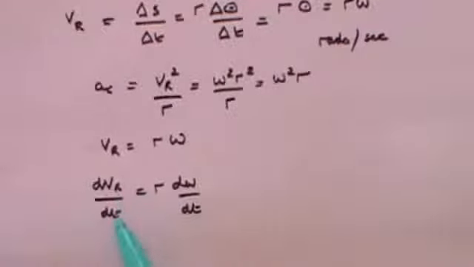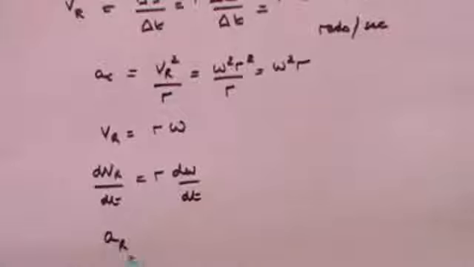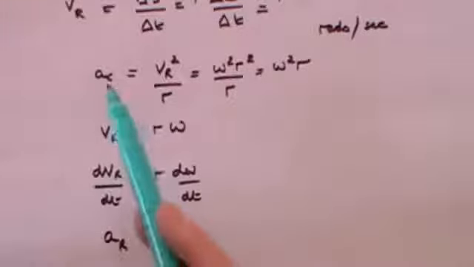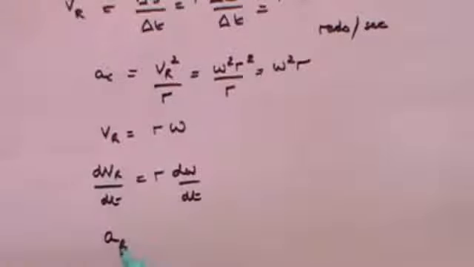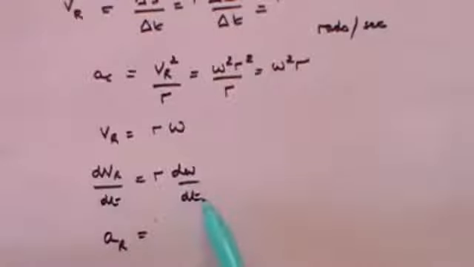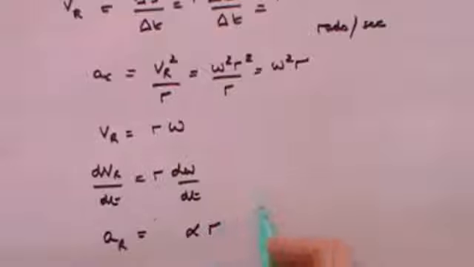The rate of change of velocity is just acceleration, but this is now the rotational acceleration. This is not the centripetal acceleration. This is the acceleration which tells you how much faster a body is going to go if you accelerate it, and that is equal to d omega by dt, which is the angular acceleration, alpha, times r.